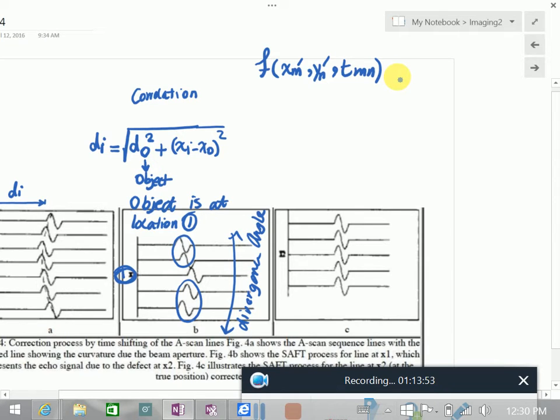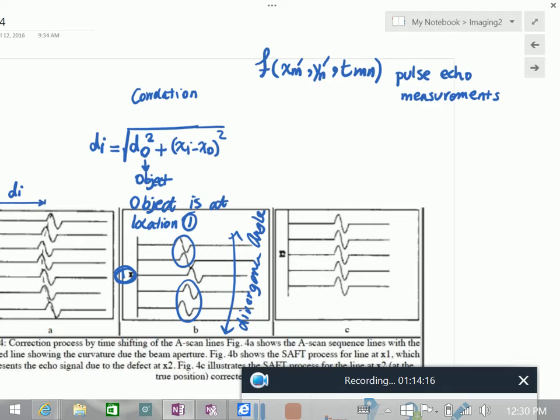This is in 3D. So a B scan, we have an X, Y location of the transducer and a time location for the point inside the B scan.